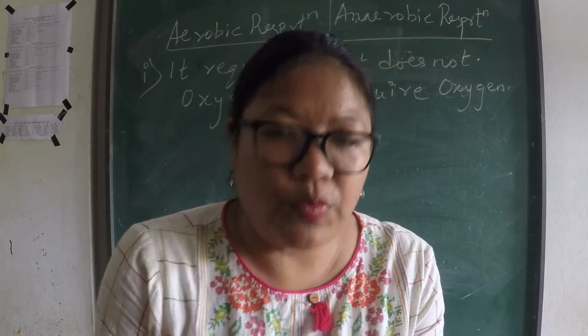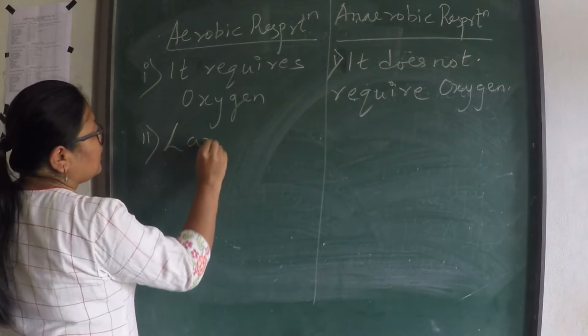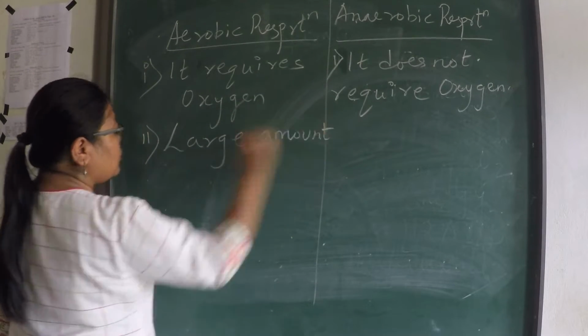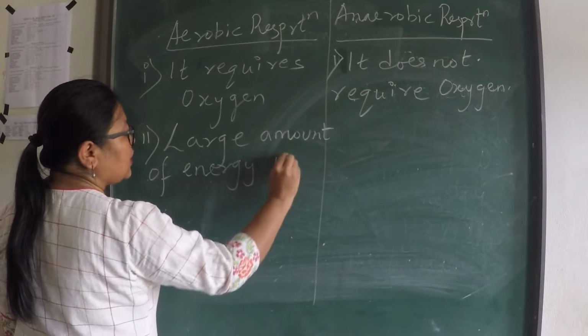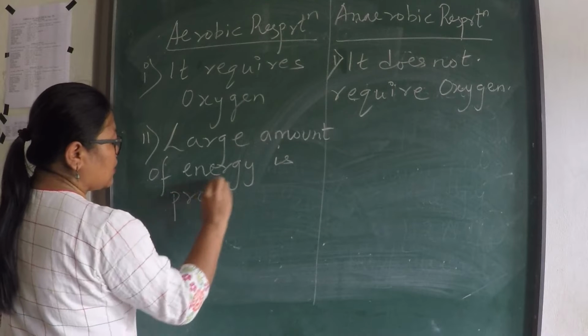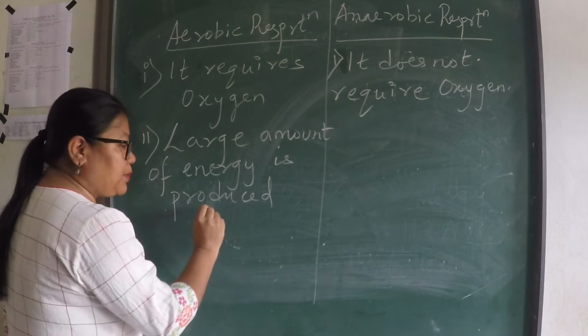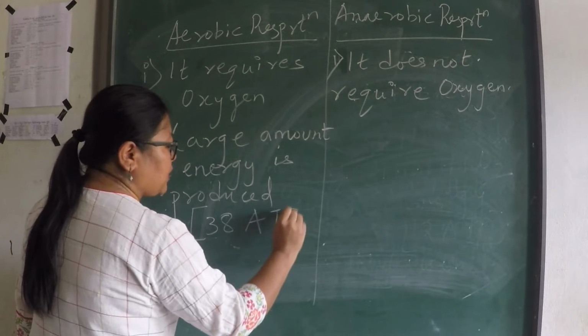What is the second point? The second point is large amount of energy is produced. Can you tell me how many ATP? 38 ATP.